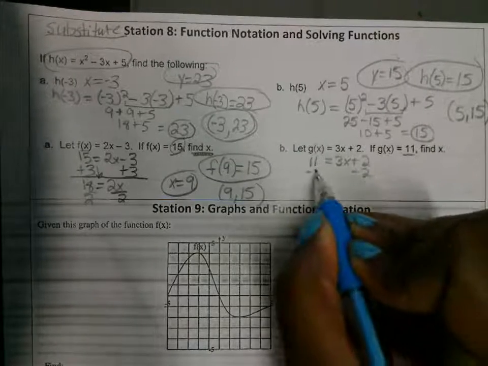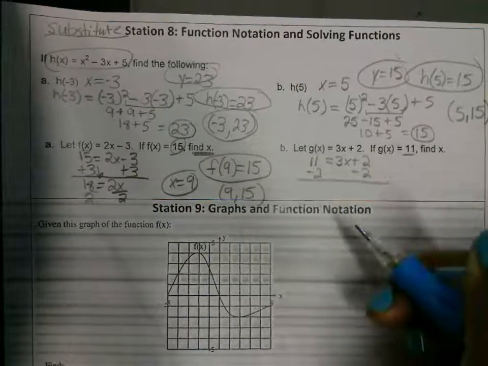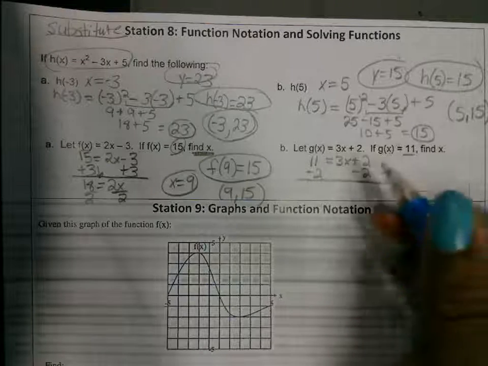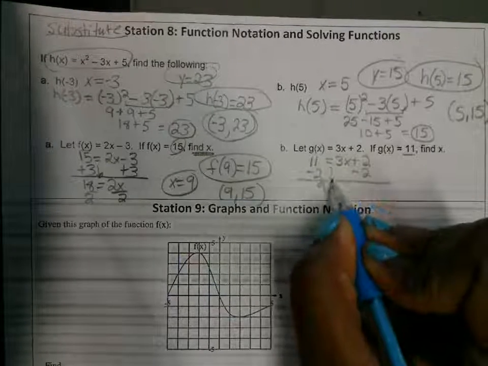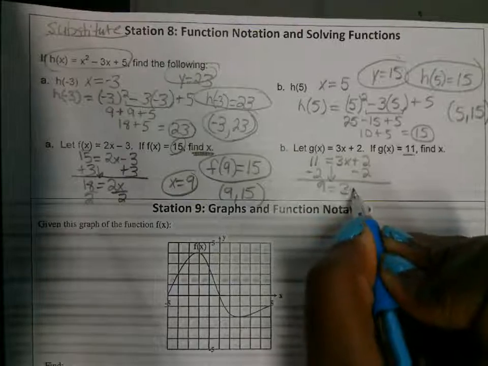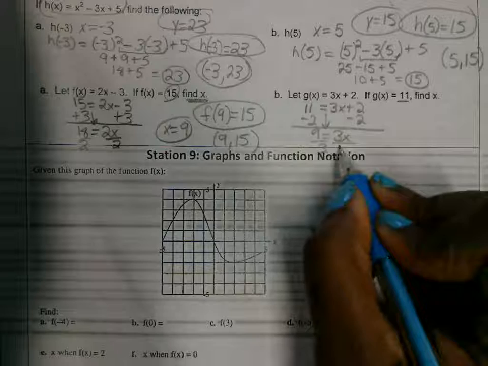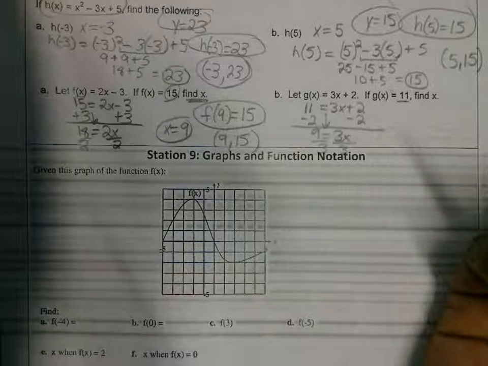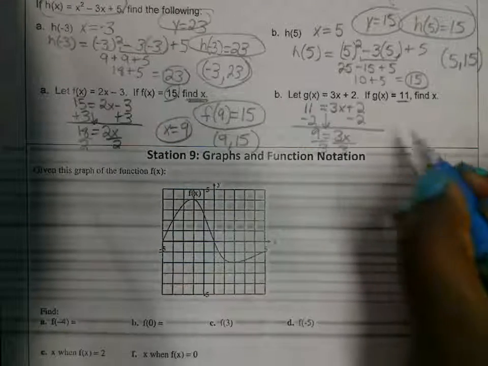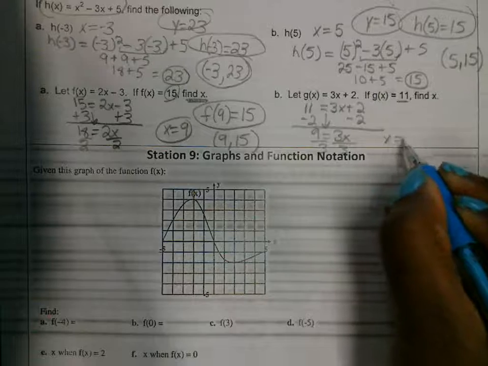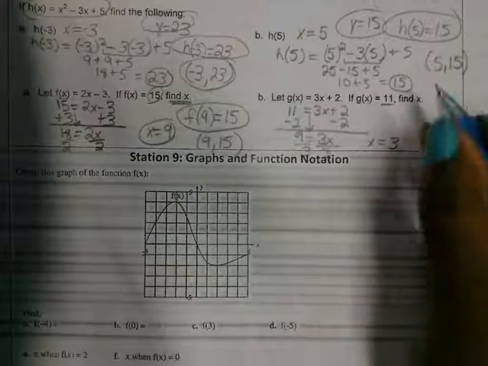You subtract 2 on both sides. What is 11 minus 2? 9. Now what do we do? Divide by 3 on both sides. What's 9 divided by 3? So what's another way to write this one?